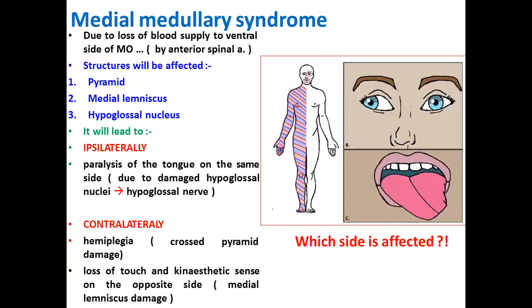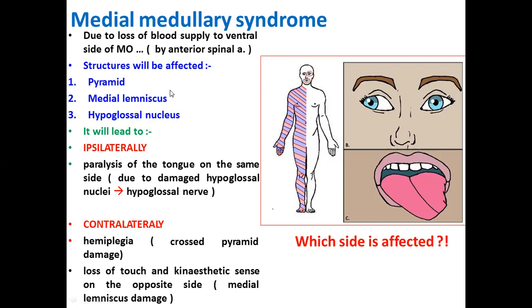Let us discuss the applied anatomy. Medial medullary syndrome is due to loss of blood supply to the ventral side of the medulla oblongata by the anterior spinal artery.